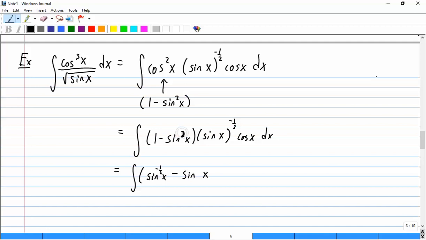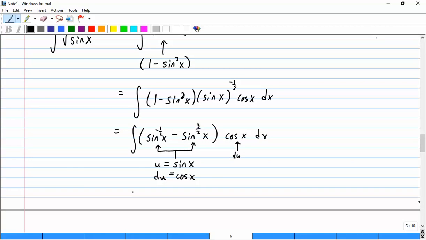Because that's the second power, that's 4/2 plus negative 1/2 is 3/2. And I'm not going to multiply the cosine in because I brought that out for a reason. That's going to be my du. So for both of these integrals, that's 2 separate integrals, for both of them, u is equal to sine of x, so du is equal to cosine of x.